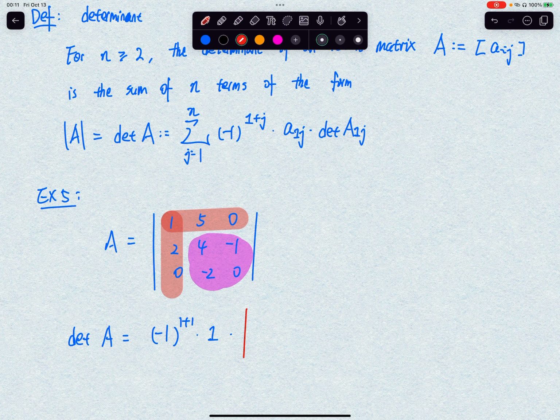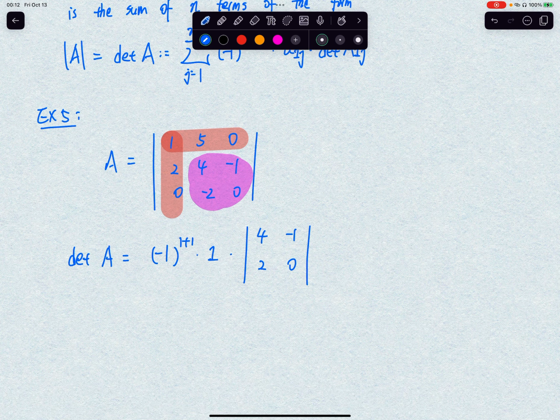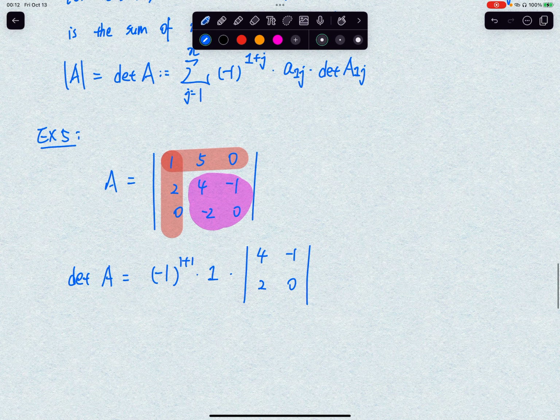So that is 4, minus 1 and 2, 0. And obviously, this equals, okay, let's solve this later. And the other one, so we have now defined this for the symbol.